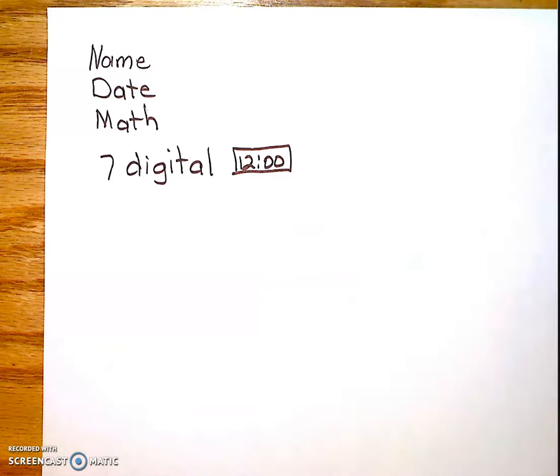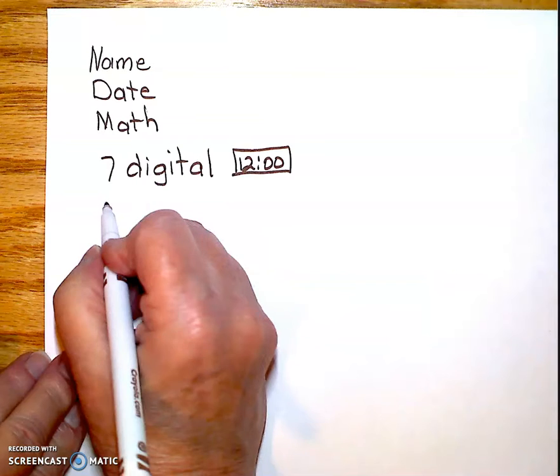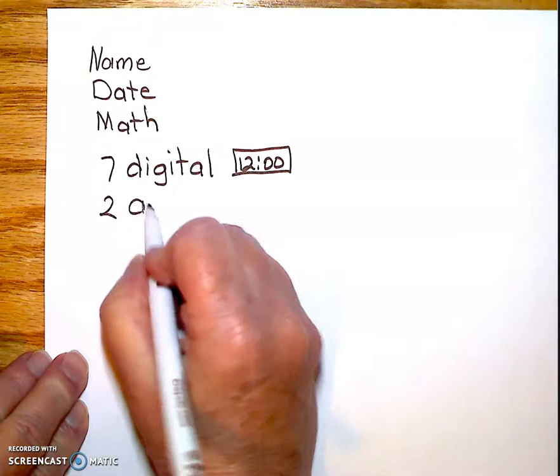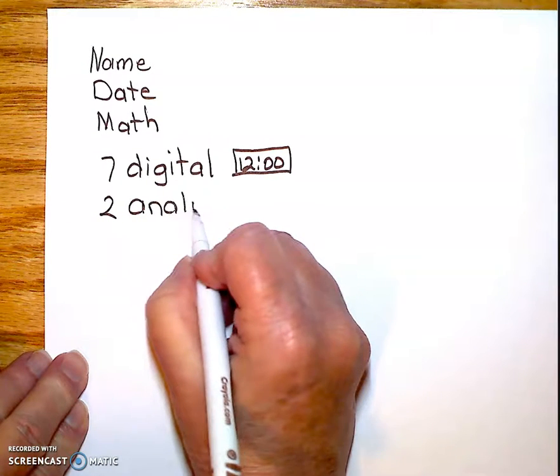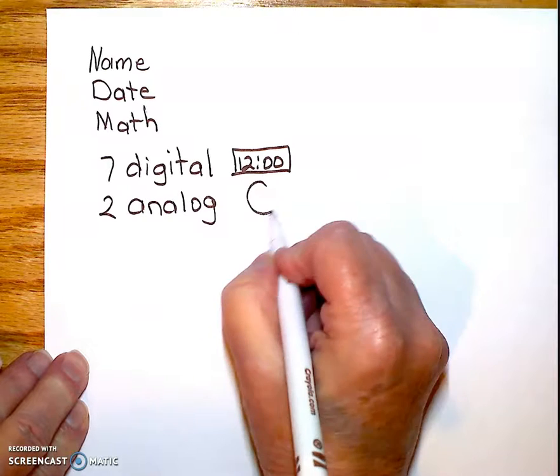He has 7 digital clocks. Isaac, you should always know what time it is. He also has 2 analog clocks. Those are the clocks that are a circle.